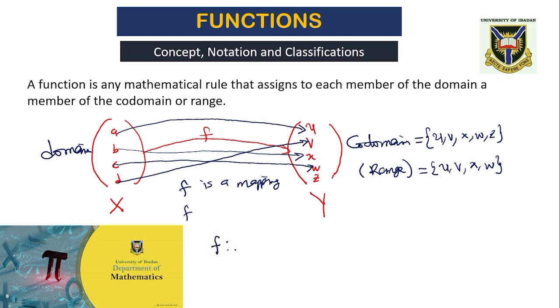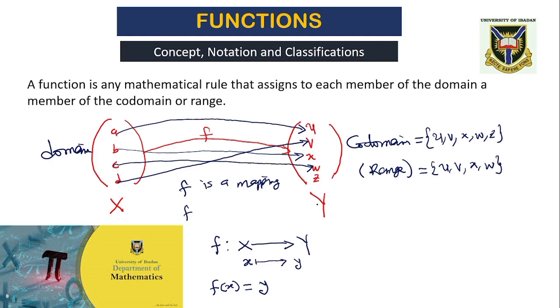We are trying to do the notation now. A function can be written as f, which takes set x to set y. So it takes every member of x, I use small x for that, and maps it to each member of y, such that we have that function of x is equal to y.